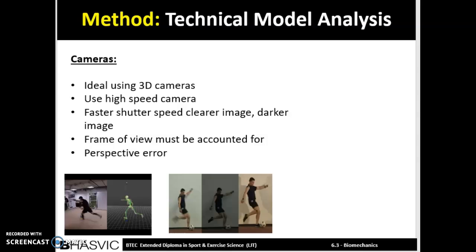You also want to remove perspective error by having the camera set up perpendicular to the plane of motion that the performer is moving on. So in the 20-meter sprint test, since they're running in a straight line, a set plane of motion, you want to be perpendicular to that line of motion, so then you get correct angles.